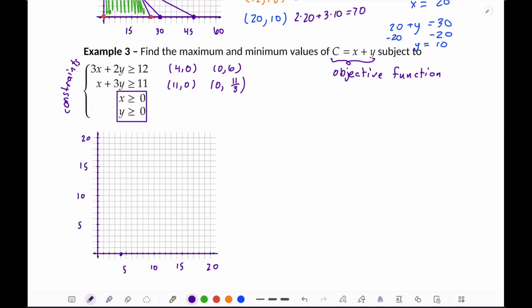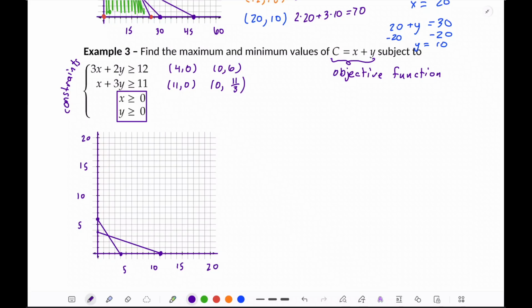So 4, 0, 0, 6 is right there, and then 11, 0, 0, 11 thirds. 12 thirds would be 4, so it's just a little bit less than that.